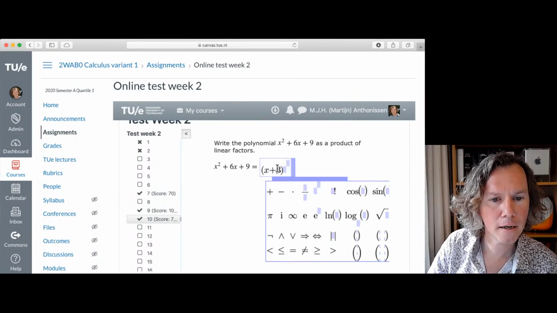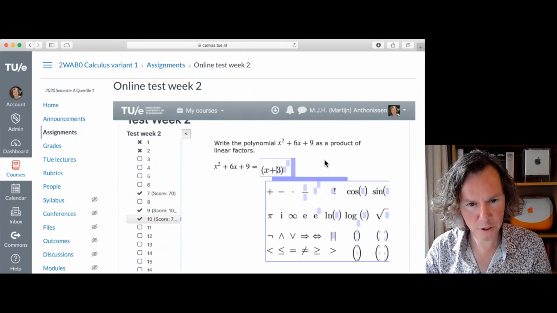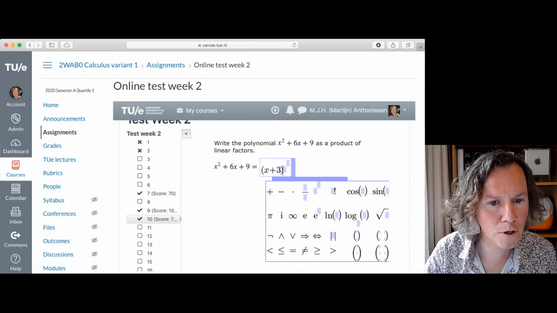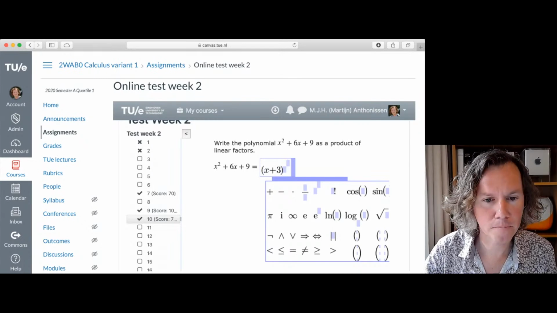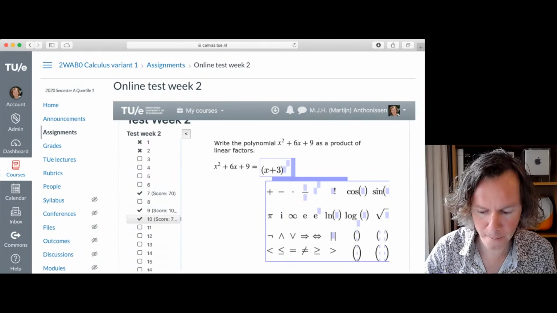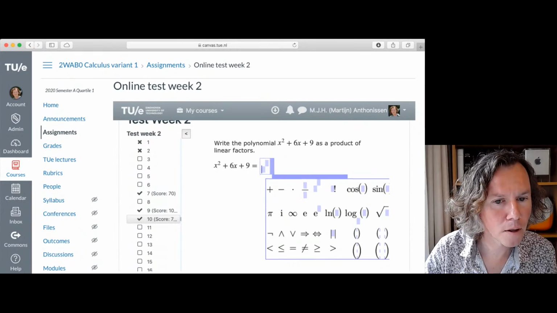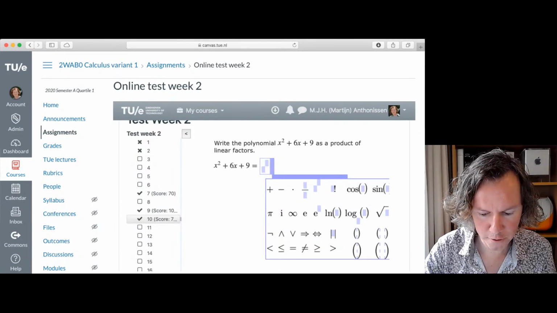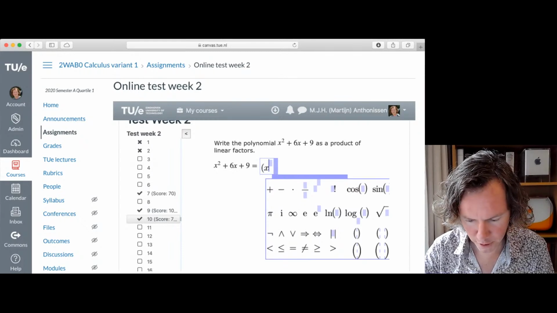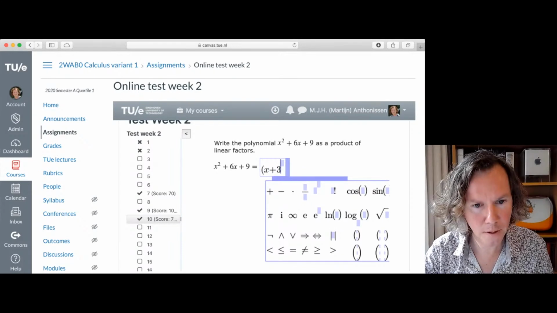So I'm going to do this. And then I go back. And you see that this x plus 3 here. Oops, can I do that? Oh, that doesn't work. Okay. So I now have to move inside the box. So x plus 3.